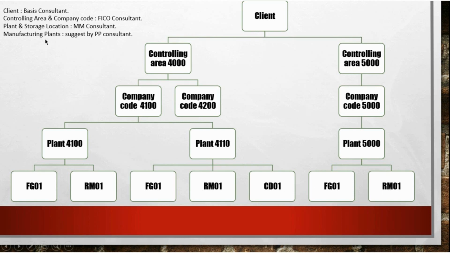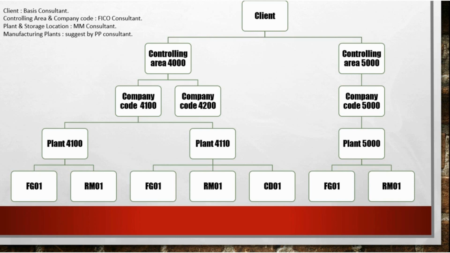Here are a few important points. The client will be created by a Basis consultant. The controlling area and company codes will be created by the FICO consultants, finance and controlling consultants. Plant and storage location will be created by the MM consultants. Manufacturing plants will be suggested by the PP consultants. While creating an org structure, all the consultants play a vital role, but the PP role is very small in creating the org structure.